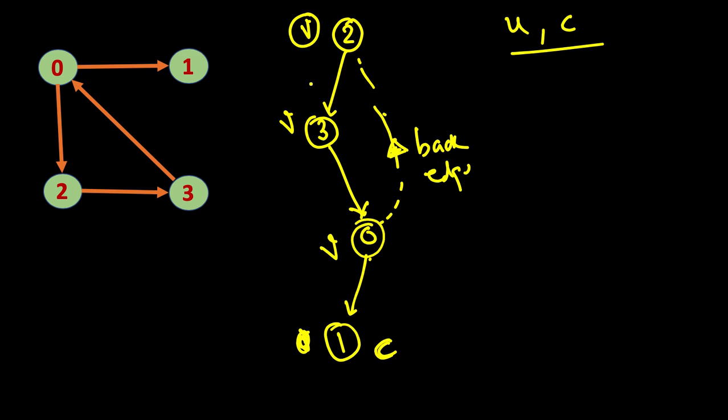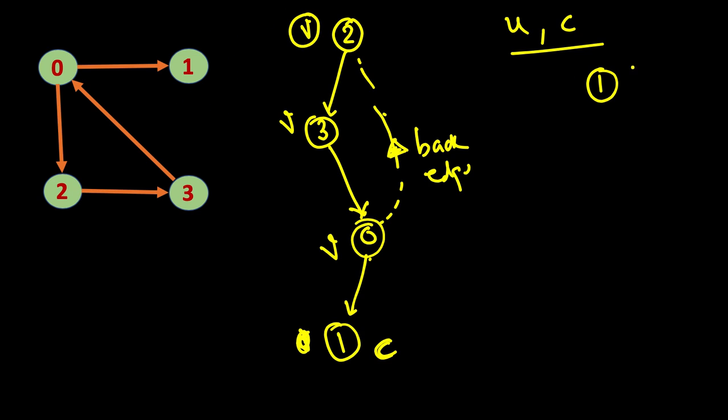And let's start from any other node, the DFS. I'm just trying to make the point that no matter from which node we start the DFS, we will ultimately discover that back edge, and we will ultimately discover the cycle. So let's start from 1. So if I start from 1, we look at its neighbor.